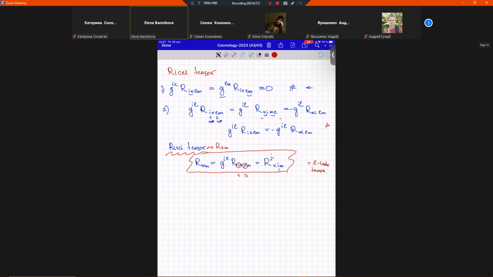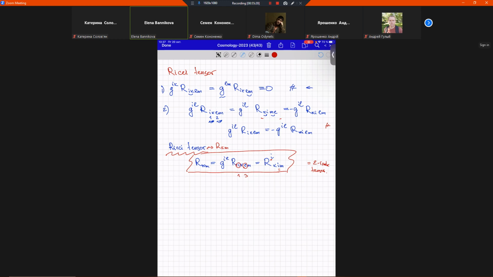This second rank tensor is very important because exactly this tensor will be in the Einstein equation. Einstein was looking for this tensor, and we will go a little bit along the way which Einstein used to find the equation of gravity.